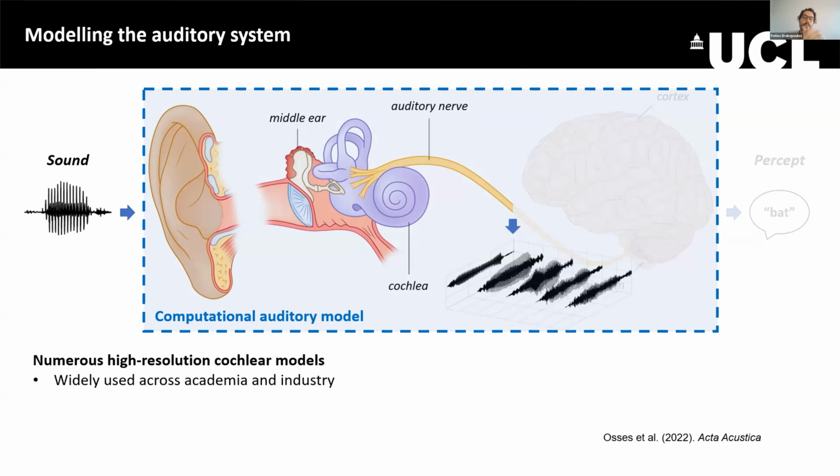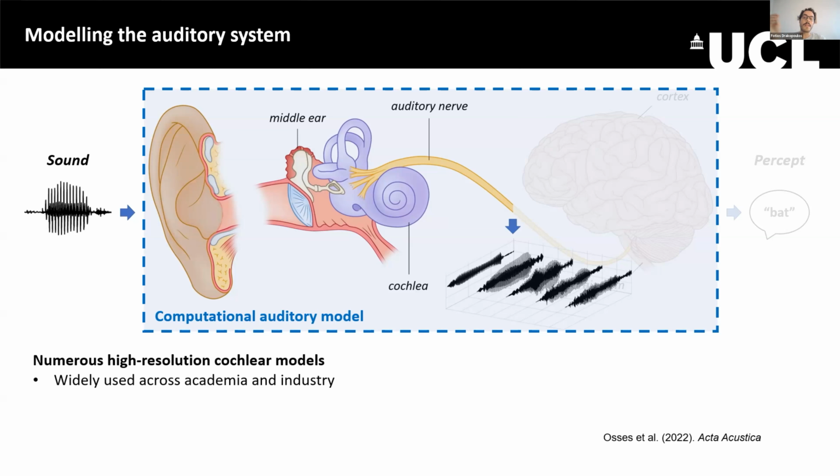So, more or less, the sound transformations that take place up to the level of the auditory nerve are quite well understood by now. And again, this is in line with what Malcolm said about the more biophysically realistic models that have been developed for the cochlea, for example.